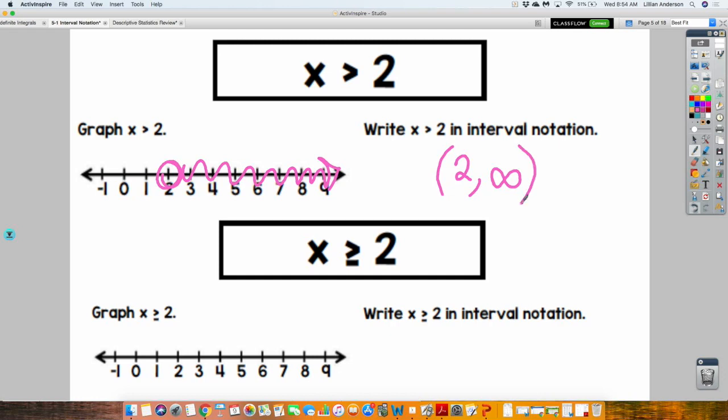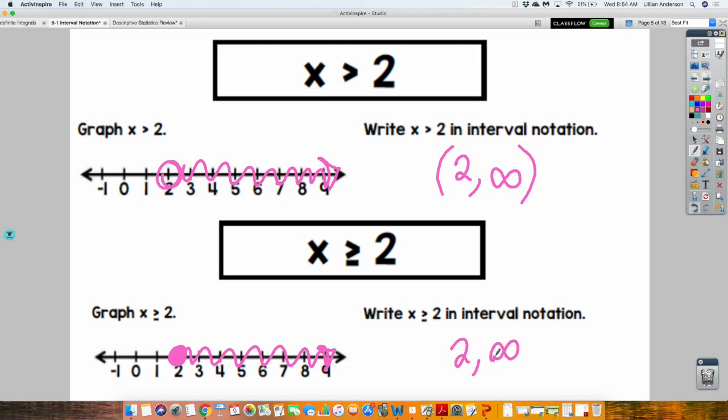How would I graph this one on the number line? X is greater than or equal to 2. Closed circle at 2, to the right. Which means that when I write this in interval notation, what's the number that's going to be on the left side? The 2. What number is going to be on the right side? Infinity. What's going to go around the 2?